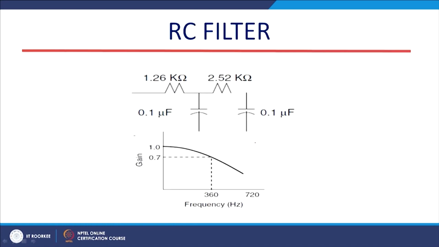This is one specific example where the RC filter is shown, with these resistance values and these capacitance values, this is the gain, and 360 is the cutoff frequency. A lot of researchers are trying to design these RC filters for removing higher frequency components when the signal passes from the analog domain to the digital domain.